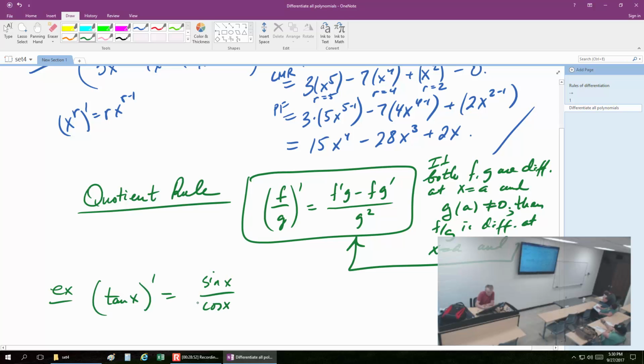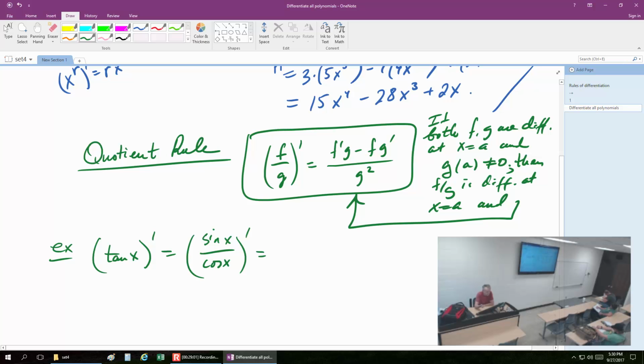Once again, early on, if you are doing it for the first time, identify the functions before you apply the formula, so that way you find the derivatives and are less likely to have something go wrong. So I write f is equal to sine x, and its derivative is cosine x. Then g is equal to cosine x, and its derivative is negative sine x.